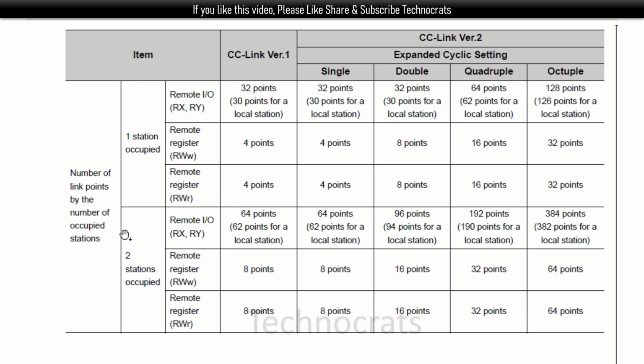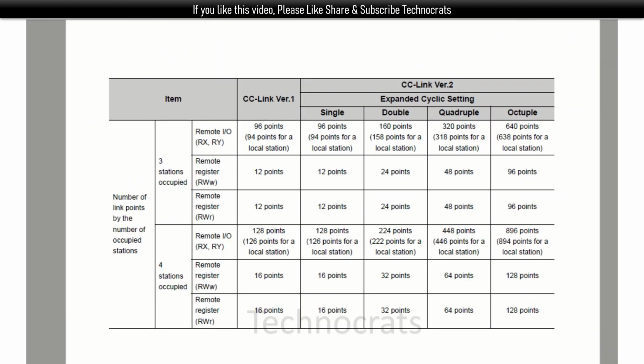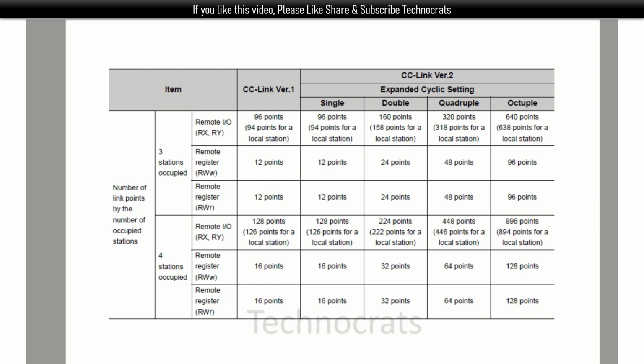Similarly, when the occupied station number is 2, then this sharing capacity will be doubled. Similarly for 3, it will be 3 times, and 4, it will be 4 times.